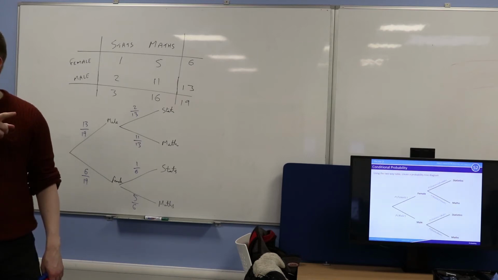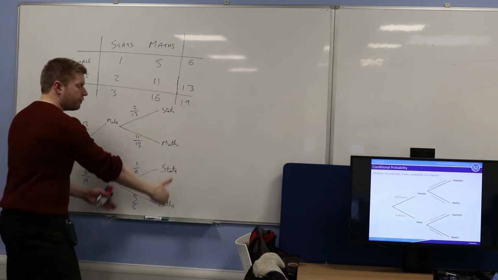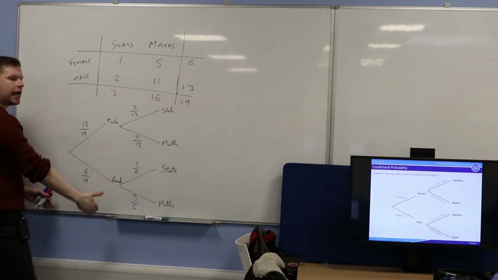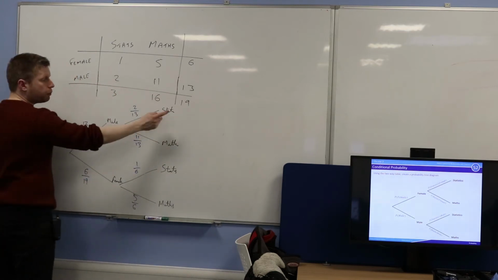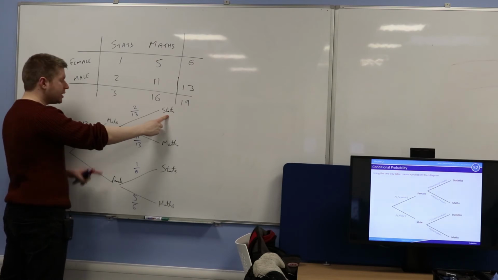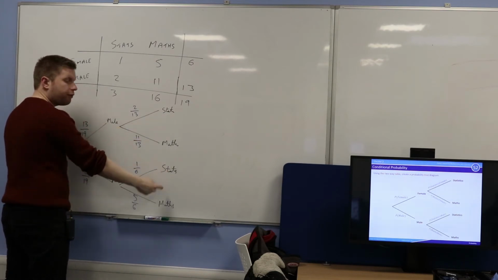It is dependent, isn't it? Because what happens over here depends on what's happened over here. Okay? So the probability that this person likes stats depends on whether they're male or whether they're female.